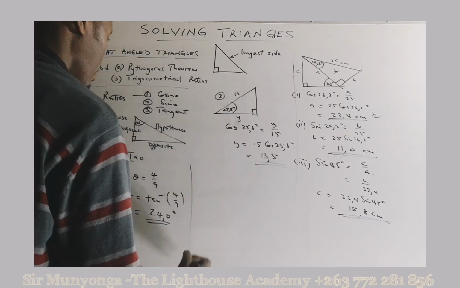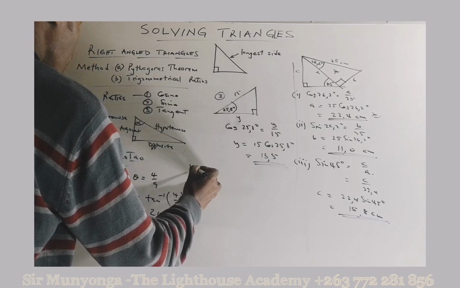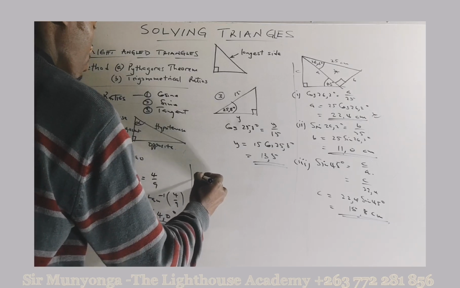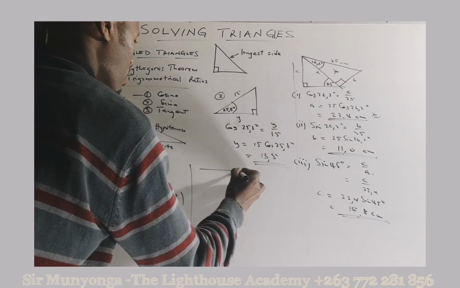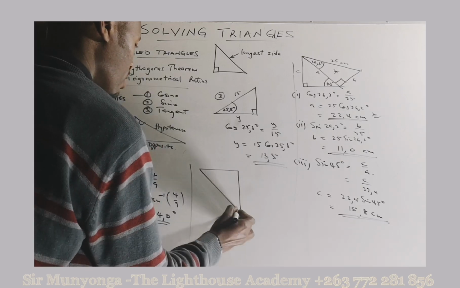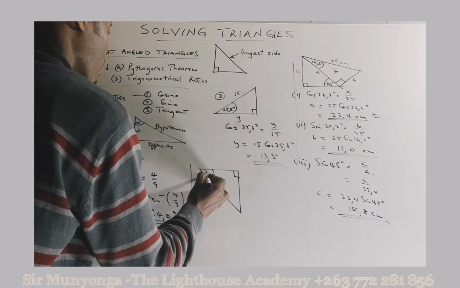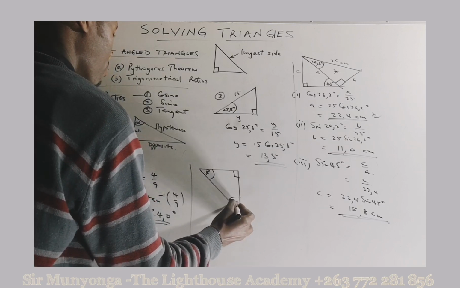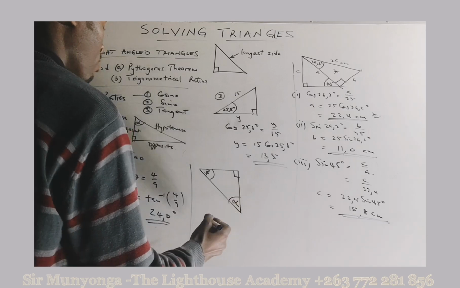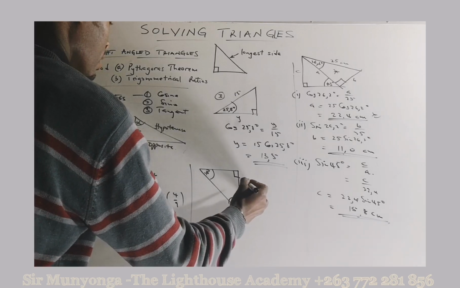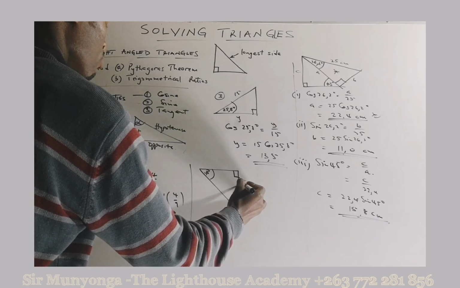Let's have another example for angles. So this one, let's say that angle is marked with beta, the other one is alpha. You are given two sides.